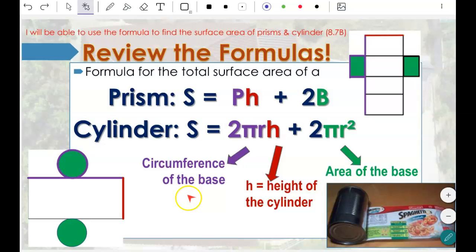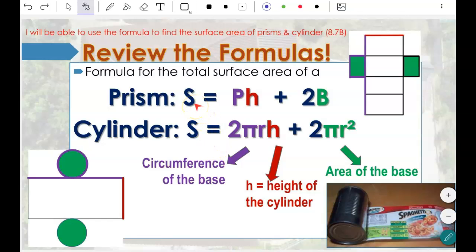So this is a review of the formulas. We've gone over this. So you should also have your STAR reference materials with you. Make sure you've got that printed out, downloaded, so you have access to those because you'll want to make sure you know how to use these formulas.